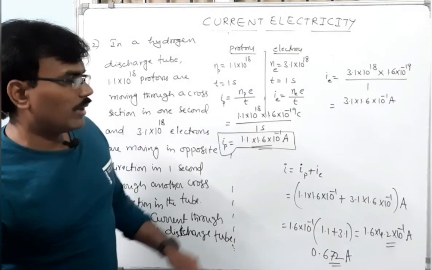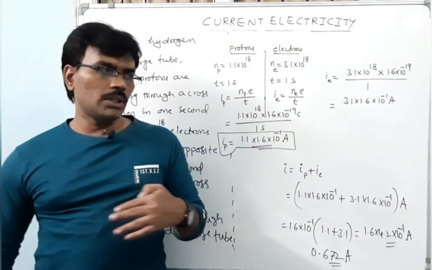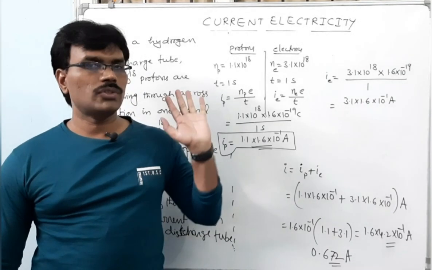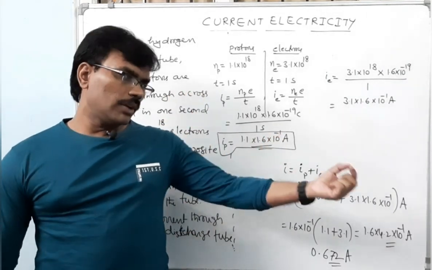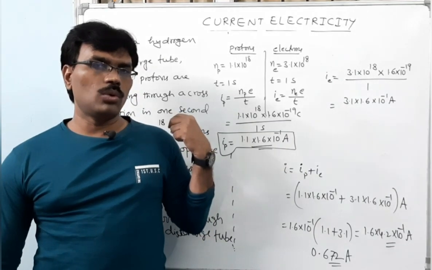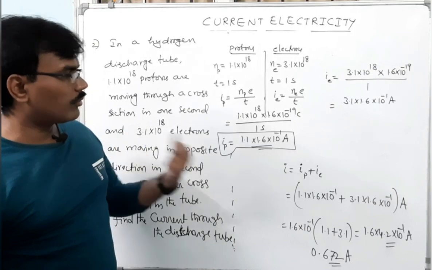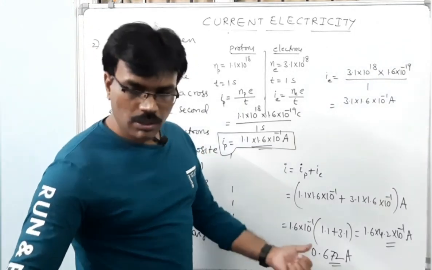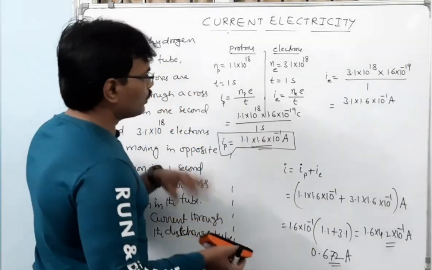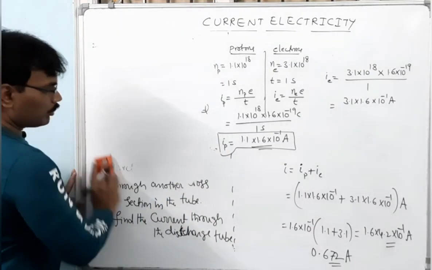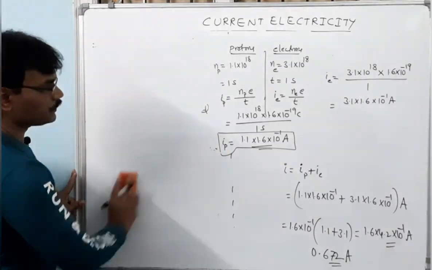When charge carriers move in opposite directions, the total current is not the difference of the currents, it is the sum, because for electrons the conventional current is taken opposite to the electron flow. So the total current will be in the direction of flow of positive charges. This is how we calculate total current when both positive and negative charges move in a discharge tube under the application of an electric field.